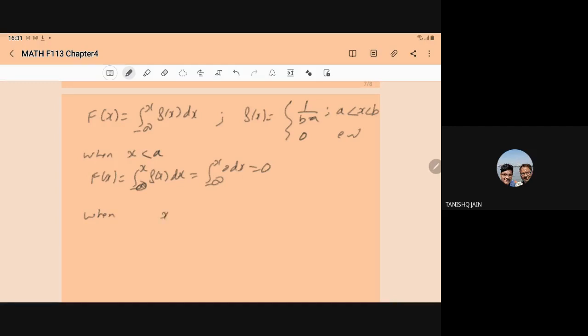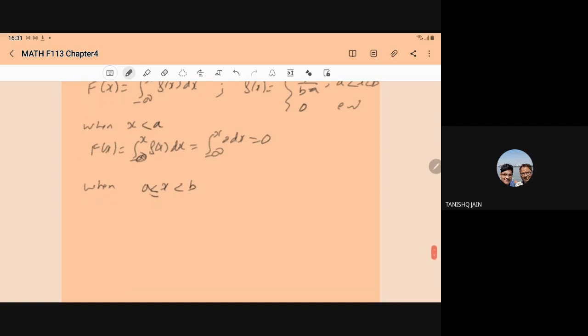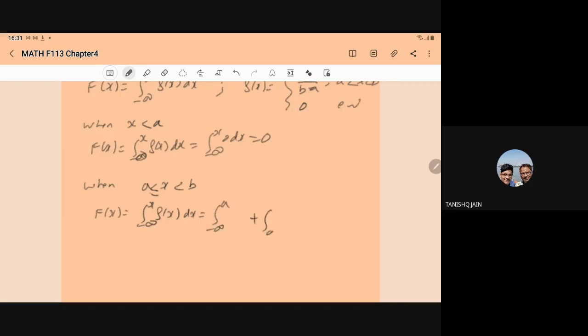Then after, when x lies between a to b, Fx will come minus infinity to x fx into dx, that is minus infinity to a plus a to x. In this case the integrand is 0.